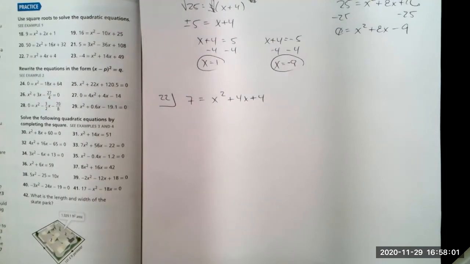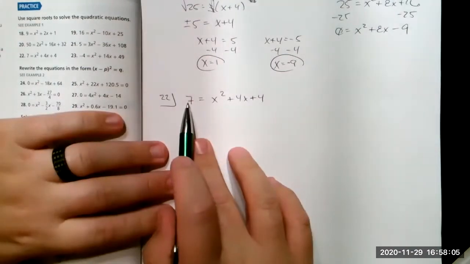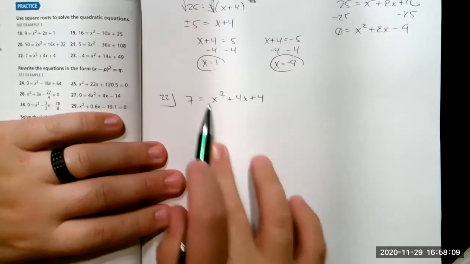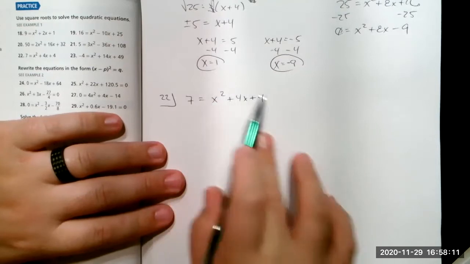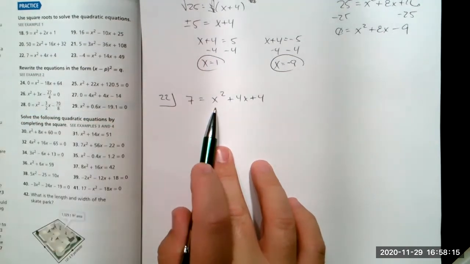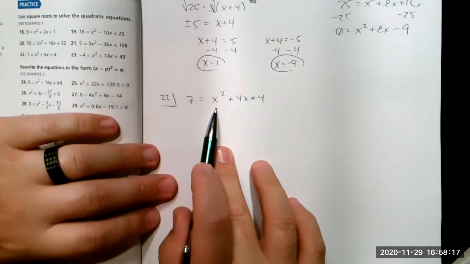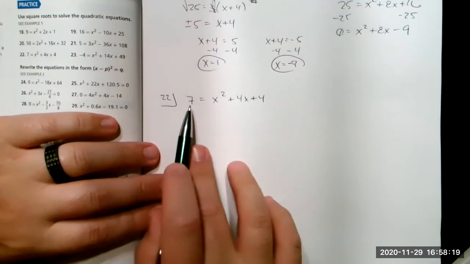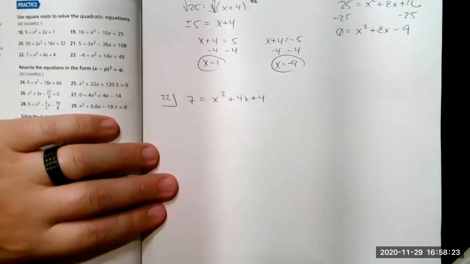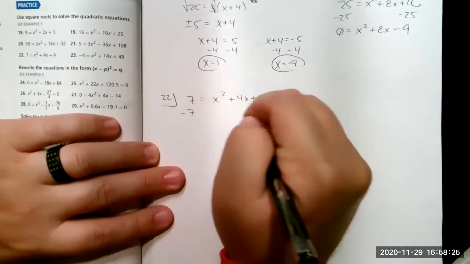7 is not a perfect square. So what I think I'm going to go ahead and do is move 7 over to the other side, because if we are able to factor this and change this to like x plus 2 times x plus 2, I think is what it's going to be. You're not going to be able to take the square root of 7 and the square root of that. So let's see if we can make this equal to 0.